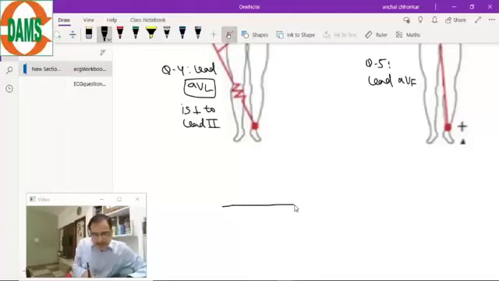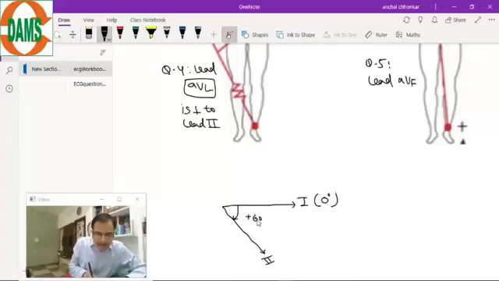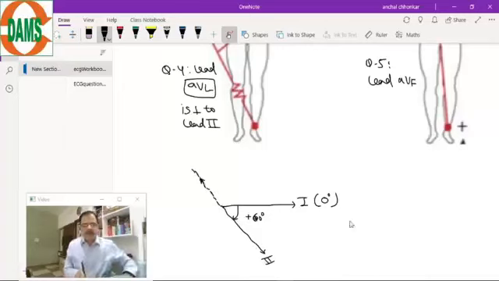Here is lead 1, 0 degree. Here is lead 2, plus 60 degrees.